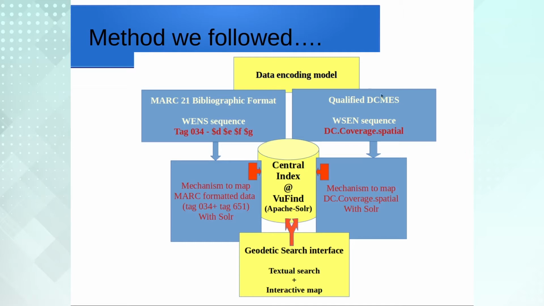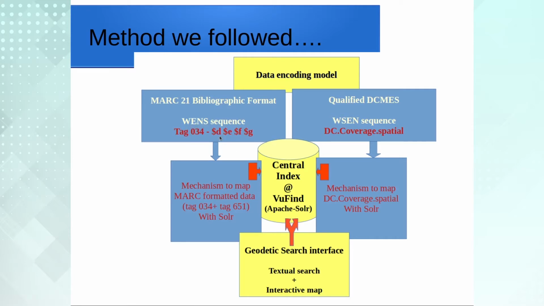First is the data encoding model. We took, as I said, both MARC 21 and qualified Dublin Core. In MARC 21, there is a tag called tag 034, which has 4 subfields. In these 4 subfields, we can enter different space related information, mainly longitude and latitude. They are given in the order western, eastern, northern and southern.